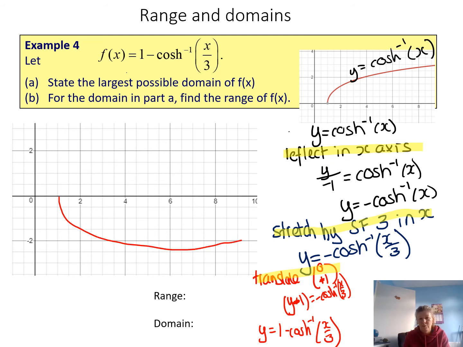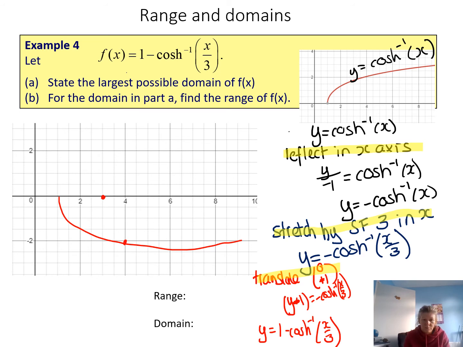If I then stretched it by scale factor 3 in the x, any x value would be times by 3. So 1 would become 3. This point here would become times 3, so it'd be 12.